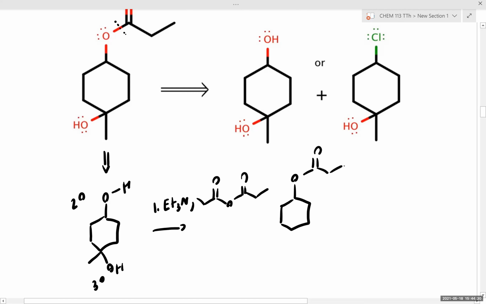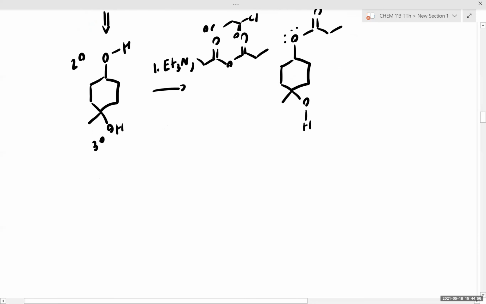And that would give us our desired acylation product. You can also use propanoyl chloride, both would work. And the key trick behind this problem is that only the secondary alcohol will react selectively because the secondary alcohol is less hindered. Now you may say, what about the other options?